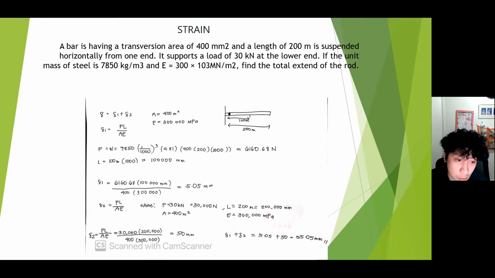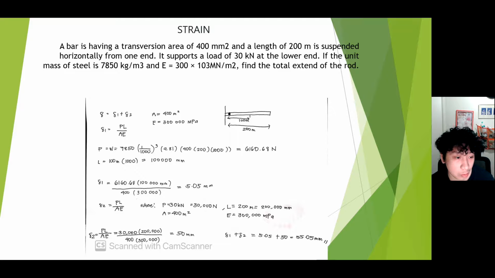So times 1,000 is equal to 100,000 mm. So in elongation 1, PL over AE. So P is 6160.68 times 100,000 mm over 400 times 300,000 is equal to 5.05 mm.